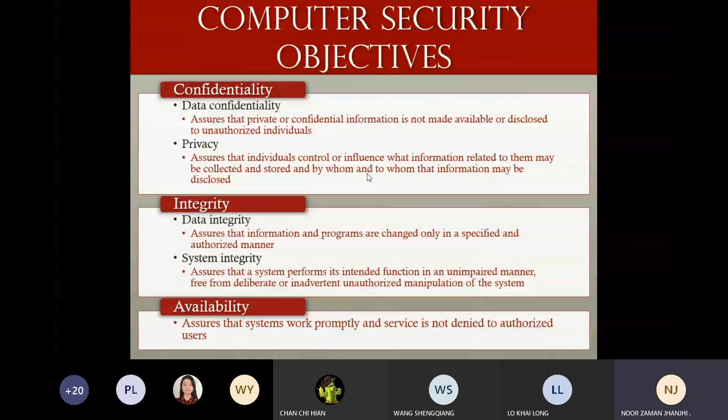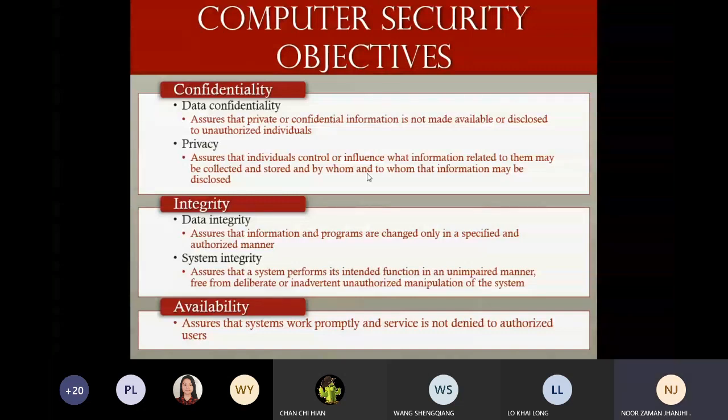Data confidentiality means we are trying to assure that private and confidential information is not disclosed to anyone else. For example, your personal data, your marks, your grades, and everything else which you don't want to share with anyone else. So we must have a system that does not let it go to unauthorized people. This is the first pillar of security.